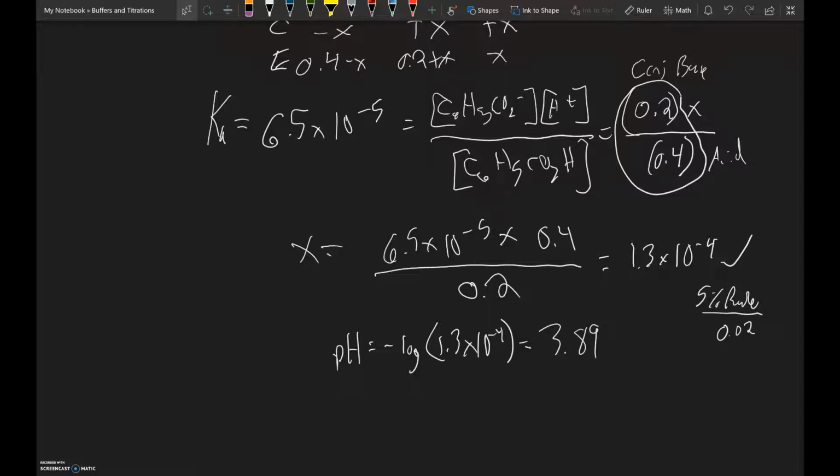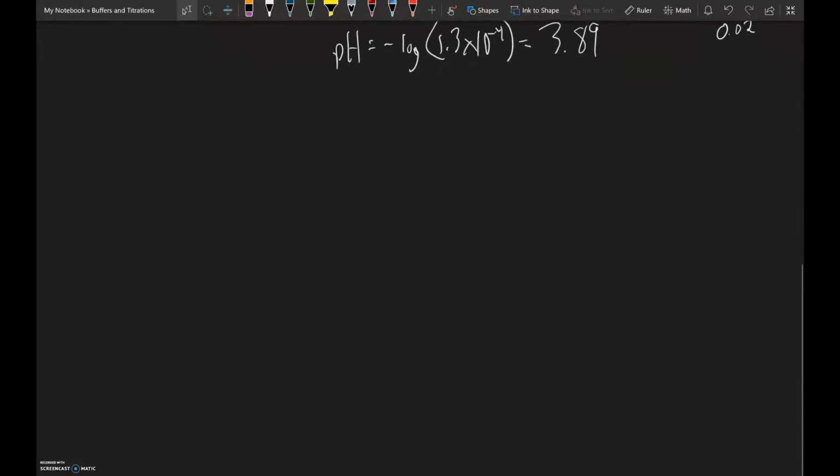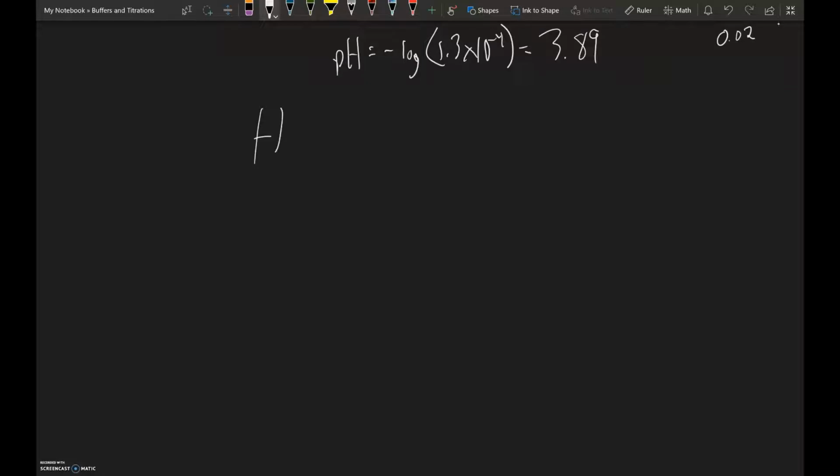Now, this ratio was studied by Henderson and Hasselbalch, so these are two scientists that studied this ratio, and then there's a derivation that goes through solving for this ratio and how to solve for the pH of a buffered solution. But I'm just going to get right to the point here.